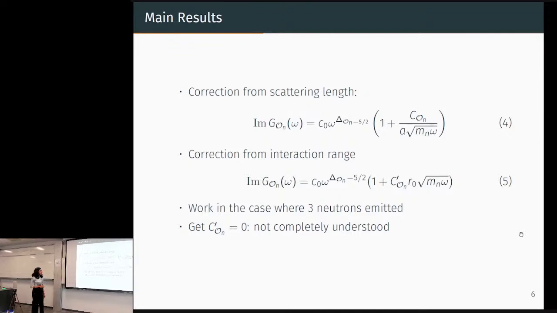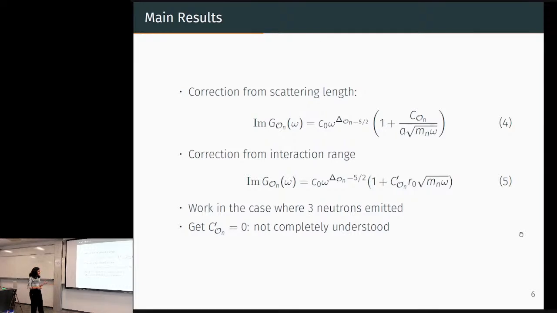But to calculate these specific constants like C and C prime, one has to do more explicit calculations, and that's what we do. We work in the specific case where 3 neutrons are emitted. So we would be looking at something like a charge 3 operator in this non-relativistic CFT. And hopefully by the end of the talk, I will be able to make it clear why it is not trivial to think about any general charge n operator.